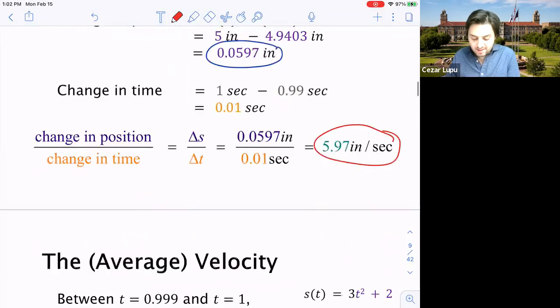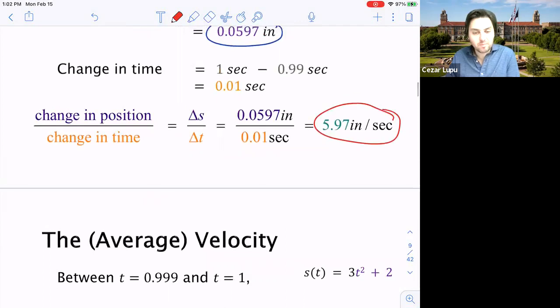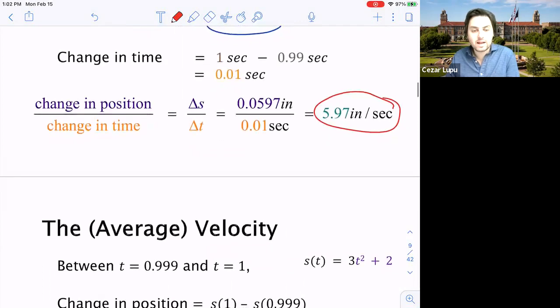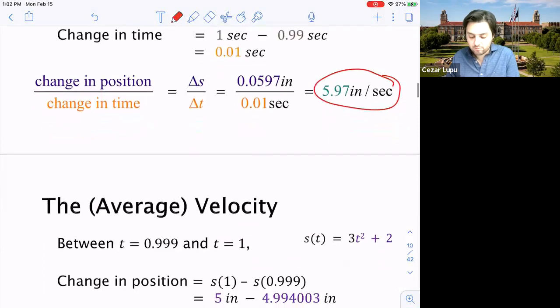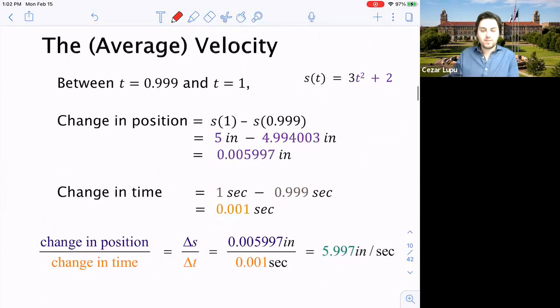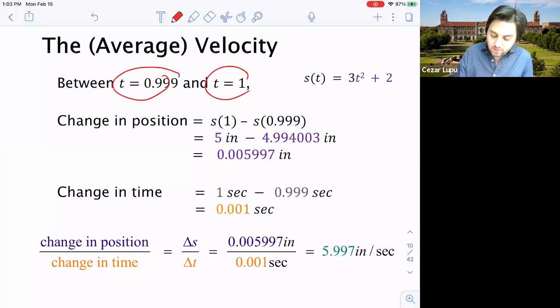So let's do something even better. Now let's see what happens between 0.999 and t equals 1. And we'll get something even closer to 6. So look at these two guys here. Again, we'll do the same thing.